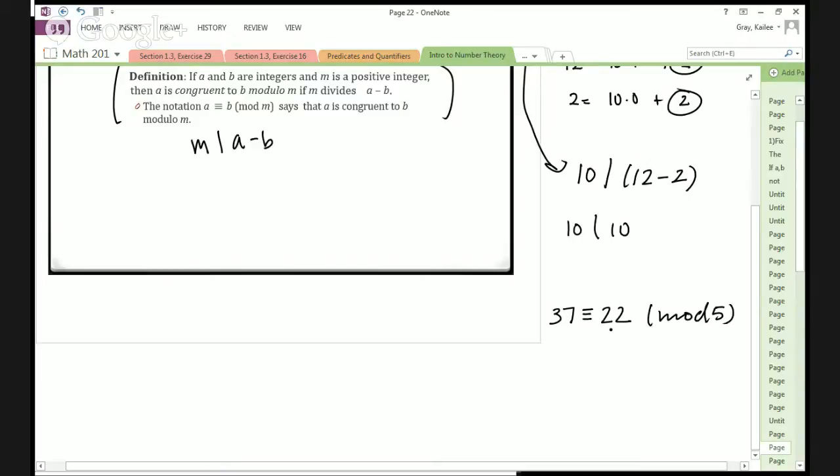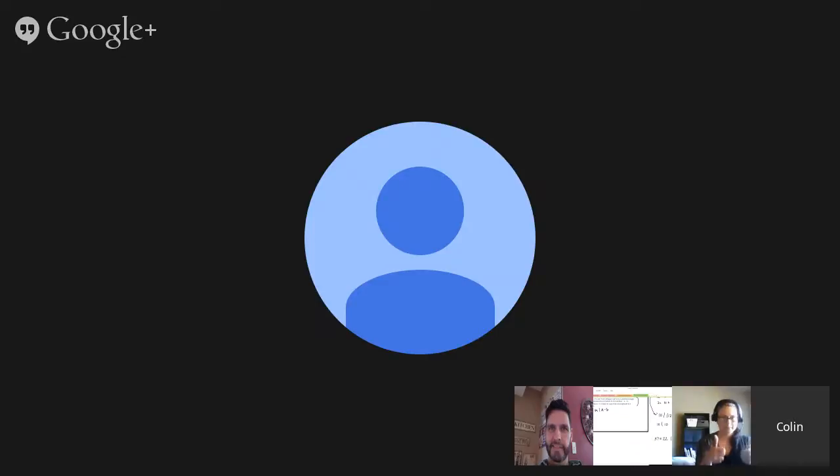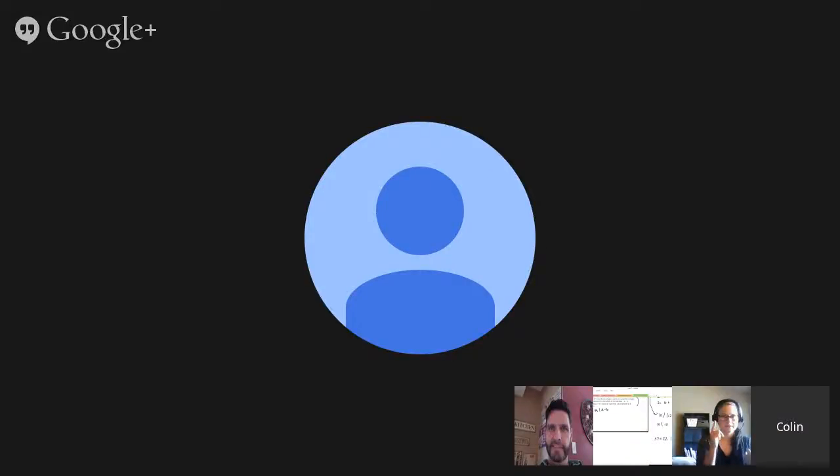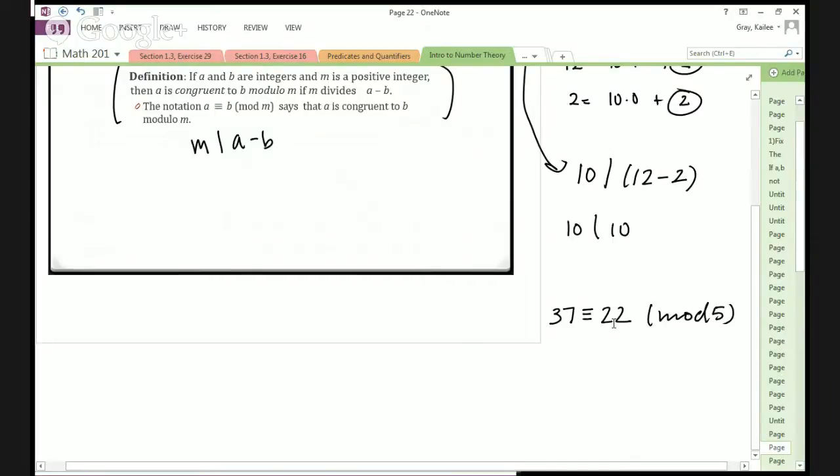If I divide 22 by 5, I get a remainder of 2. So I know this congruence holds. Are you guys convinced that that congruence holds before I go further? Colin, are you convinced? I'm putting my faith in you. Hey, no, that's not a good strategy. Trust me, I make too many mistakes.